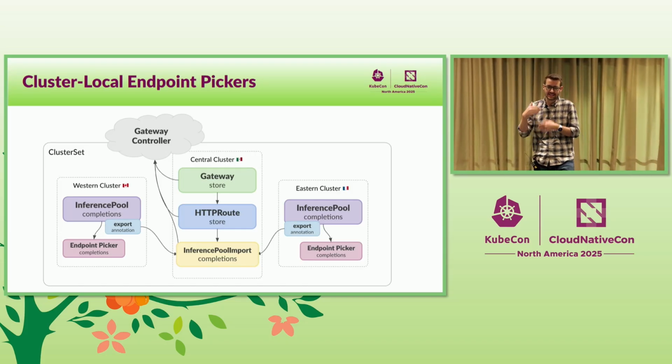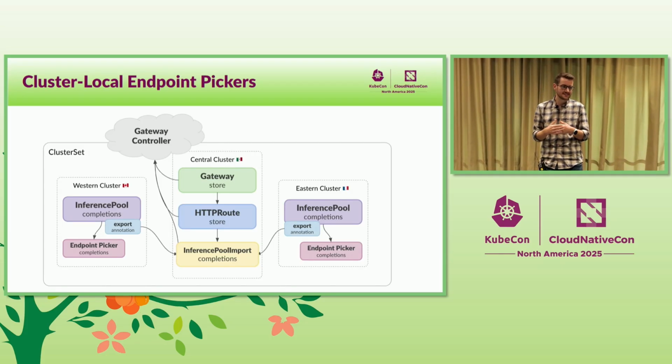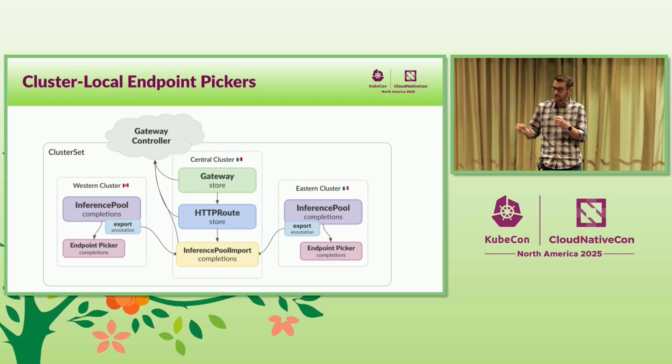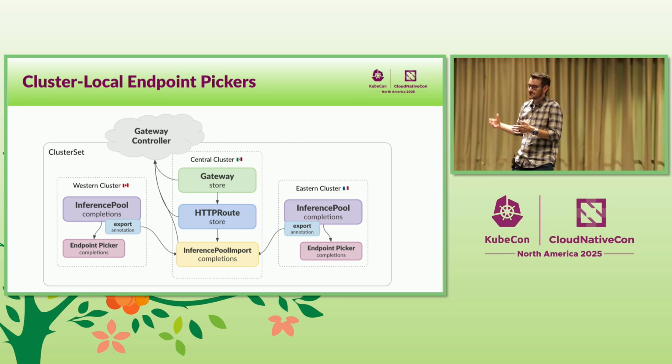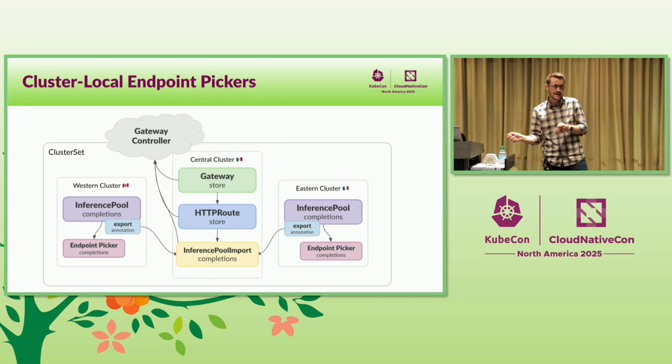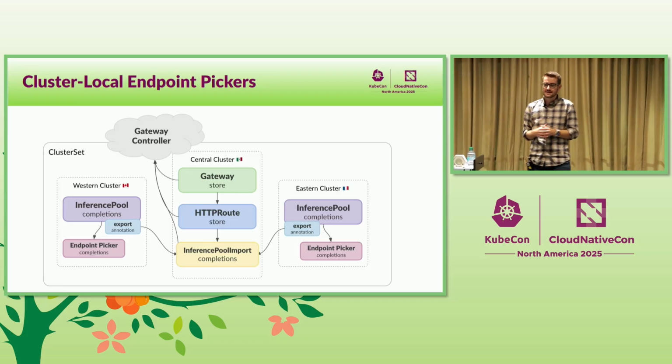And this is because each endpoint picker, as Daneyon already mentioned, is very frequently getting metrics from each endpoint in the inference pool to understand what is the best endpoint at this very specific point in time to serve this request. And that requires knowing within a matter of seconds what the state of the model server endpoints are. So it would not scale if we tried to do this centrally.